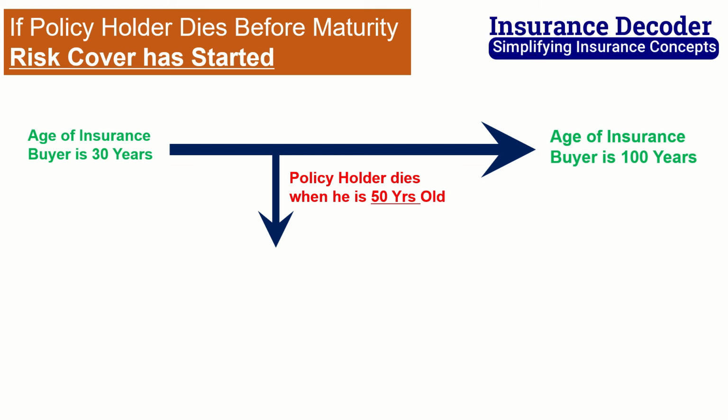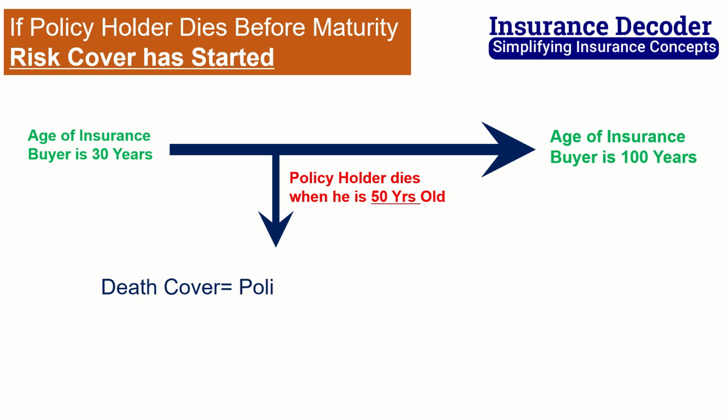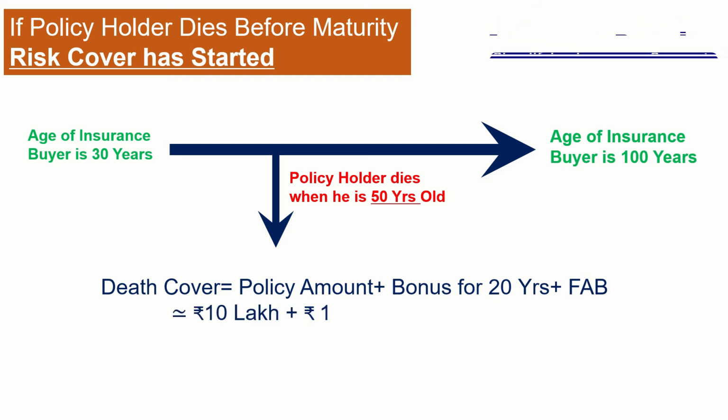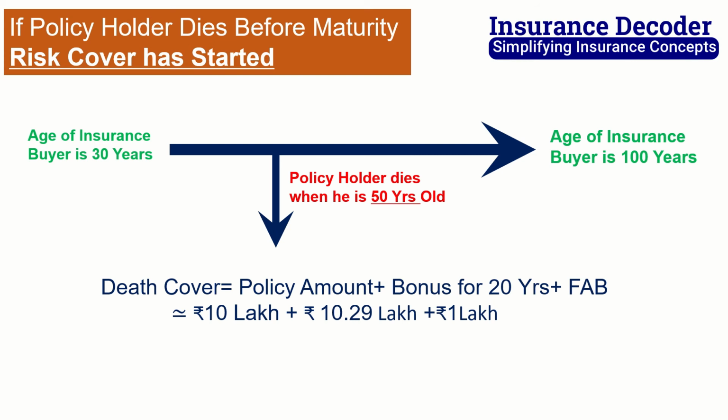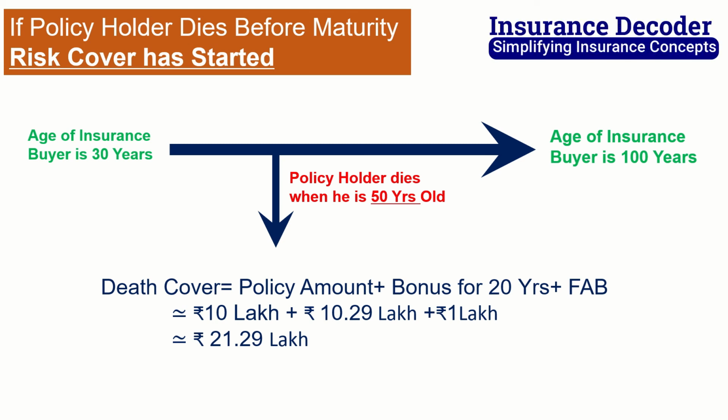So after taking the policy, within 20 years he dies. So what will happen? The insurance company will give the death cover. This death cover will include the policy amount plus bonus for 20 years and final additional bonus if there is any. So approximately he will get 10 lakh rupees plus 10.29 lakh bonus plus 1 lakh rupees final additional bonus. So total his family will get 21.29 lakh rupees. So this is how this will be calculated.